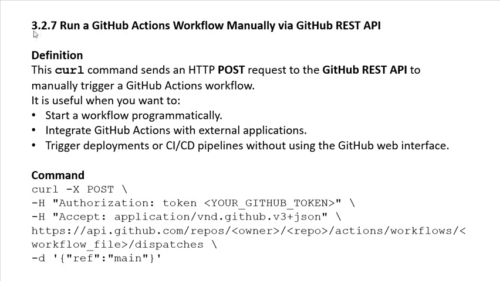And the next subtopic, 3.2.7, is run GitHub Actions workflows manually via the GitHub REST API. The curl command sends an HTTP POST request to the GitHub REST API to manually trigger GitHub Actions workflows.